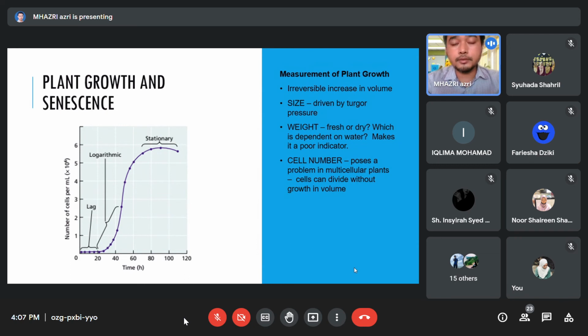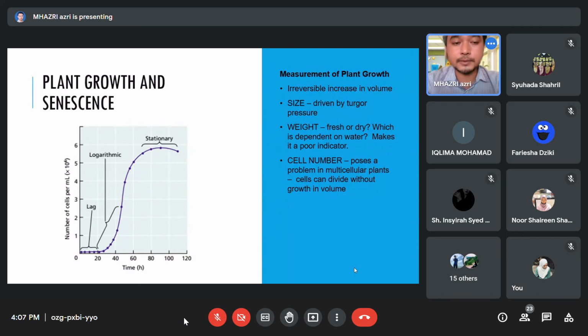So for example, stems, the volume, the amount of cells dalam sebagai contoh 1 cm persegi dekat stems punya cell number will be different if we measure the number of cells in a leaf, for example. Okay, faham tak?